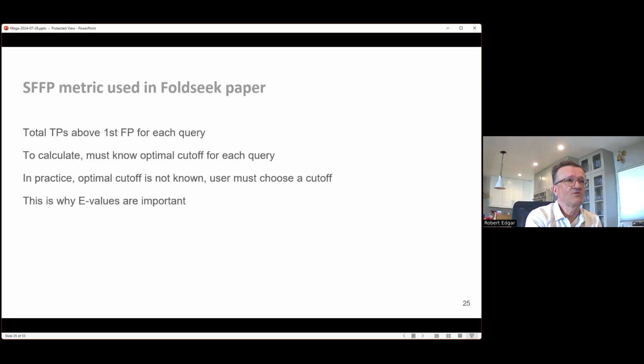The problem I have with this approach is that to do that calculation, you need to know the optimal cutoff for each query. And of course, in practice, you don't know that. What you need is some kind of prediction of where you should set the cutoff. That's exactly what e-values are for and why e-values were such an important innovation in BLAST.